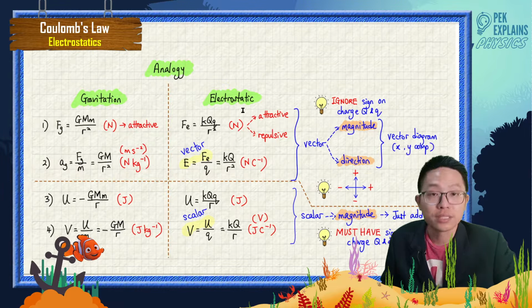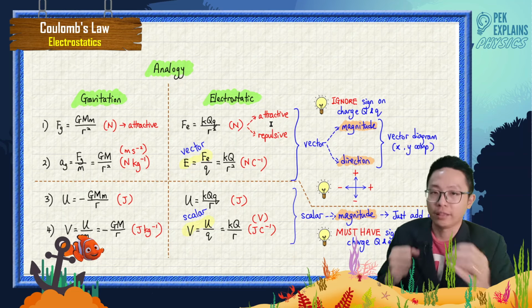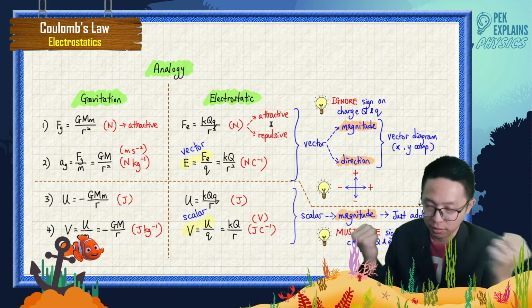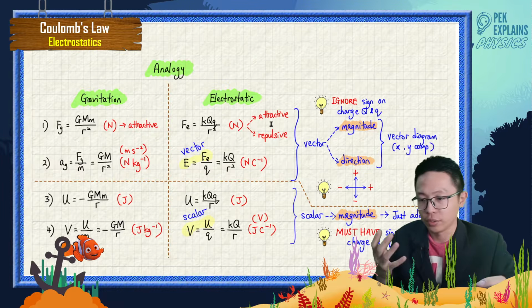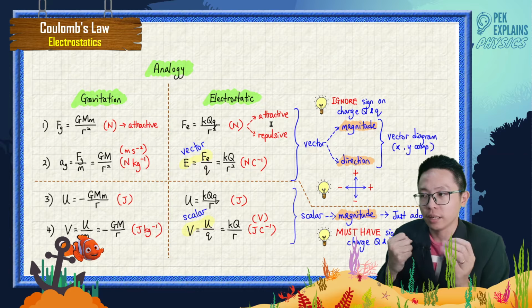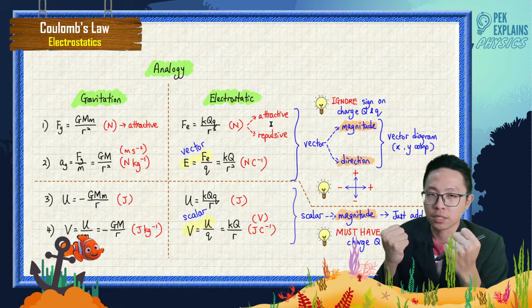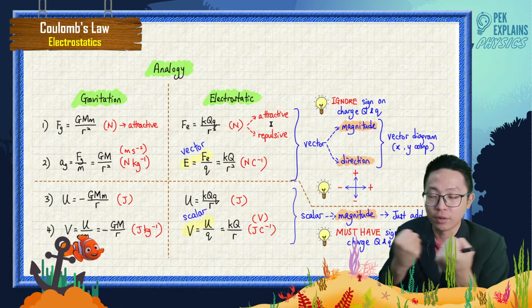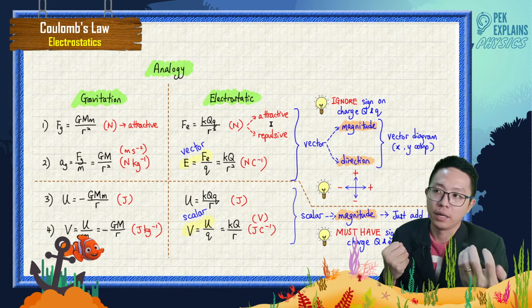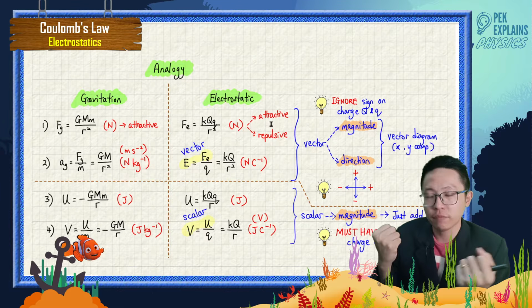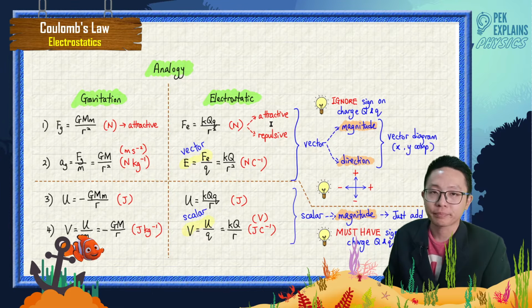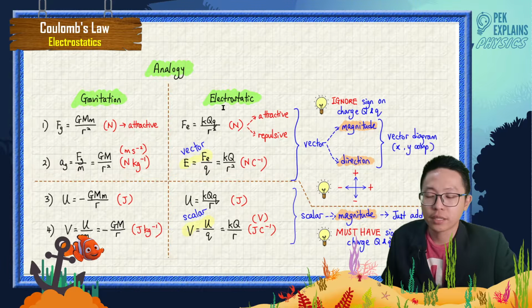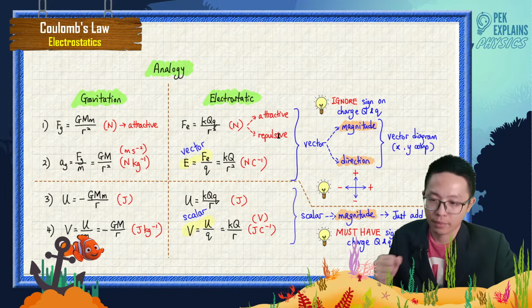But in electrostatics, we have attractive force and also repulsive force, depending on the sign of the charges. Between same charges, positive and positive, they repel each other. But opposite charges, positive and negative, attract each other. So in electrostatic force, we have two kinds of forces, attractive and repulsive.